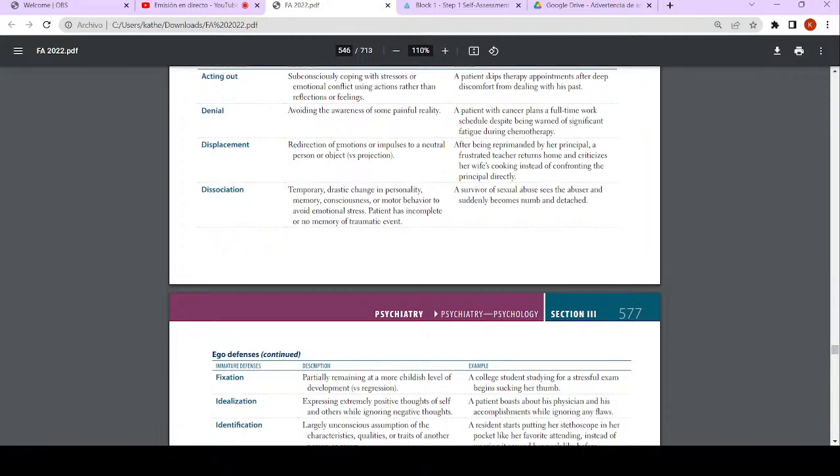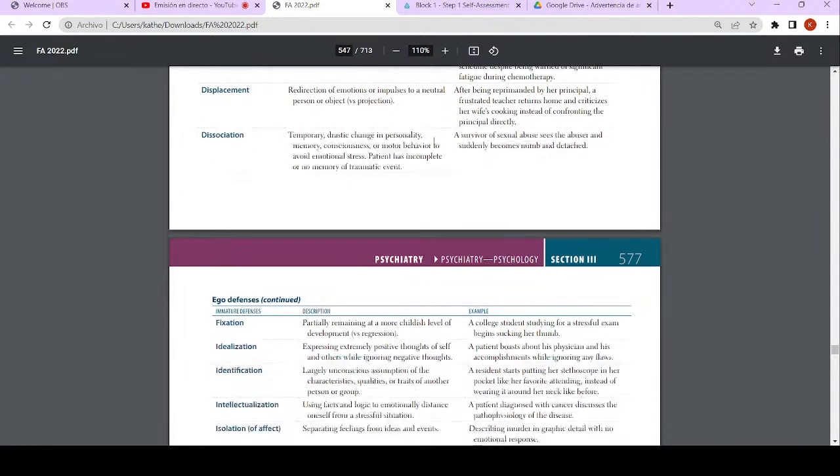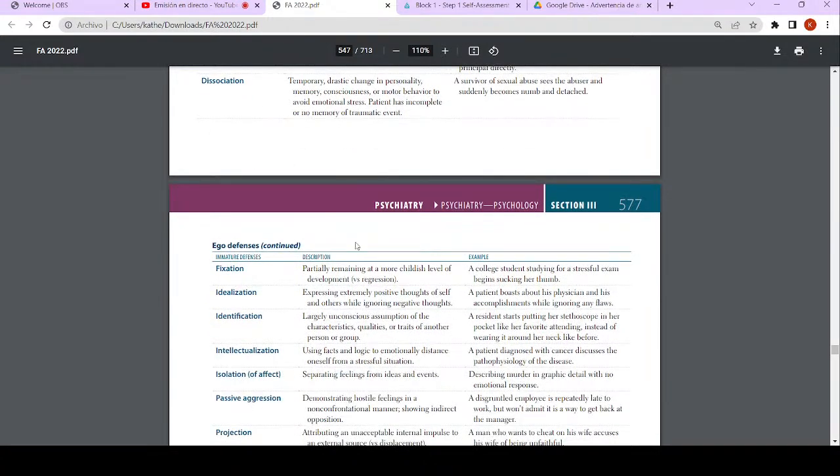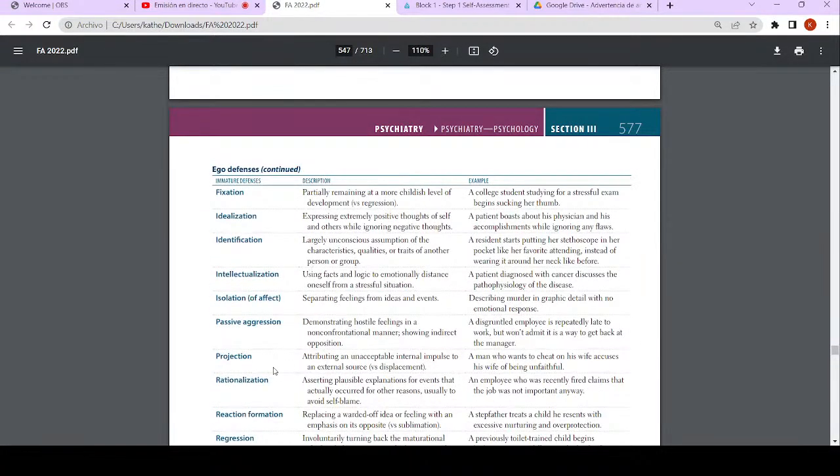Displacement: redirection of emotions or impulses to a neutral person or object. Displacement versus projection is something that they ask you a lot. For example, after being reprimanded by her principal, a frustrated teacher returns home and criticizes her wife's cooking instead of confronting her principal directly. So you're mad because someone told you something that you don't like, and you go to your wife and act like a bad person. Projection is attributing an unacceptable internal impulse to an external source.